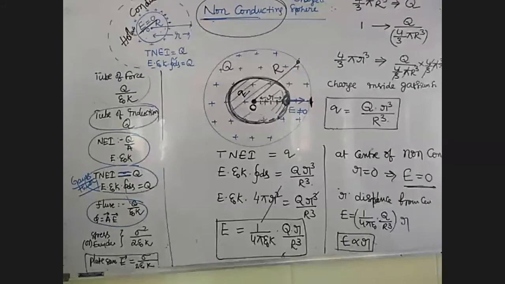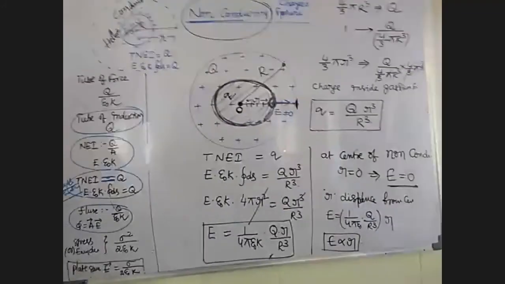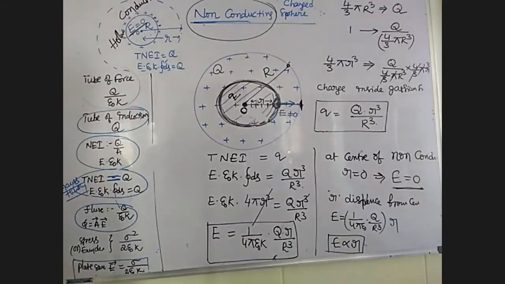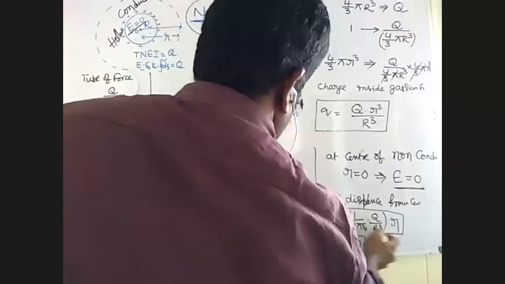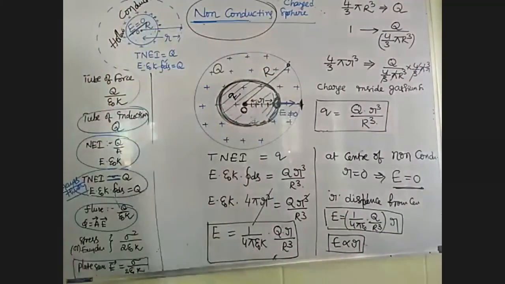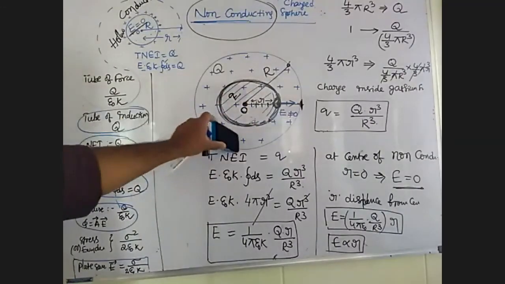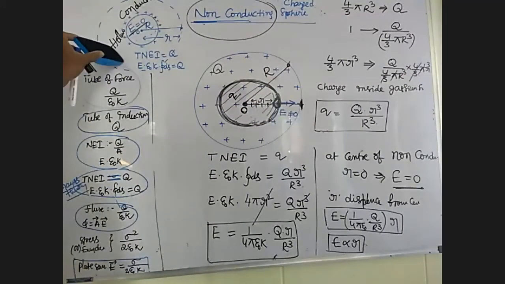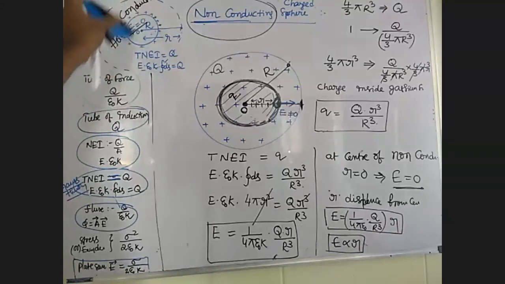Okay, this is a non-conducting sphere, and the formula is different. Inside, the intensity is not zero; only at the center position does the intensity become 0. Everywhere else the intensity is present. But for a conducting or hollow sphere, the inside intensity must be 0.